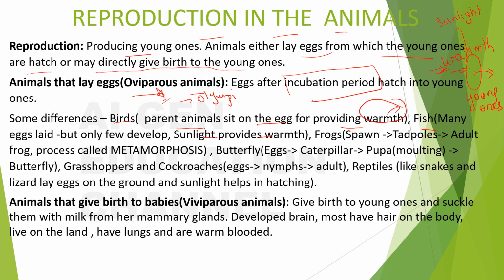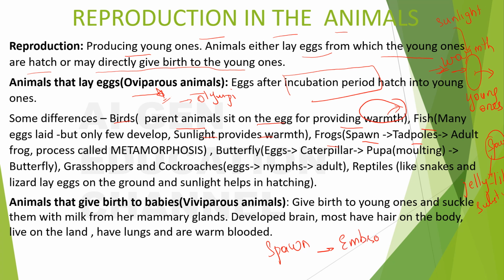And frogs. In frogs what happens? Frogs will also lay many eggs, and that is called spawn. The spawn is a jelly like substance where there will be many eggs. I'll give you a detailed cycle of this.